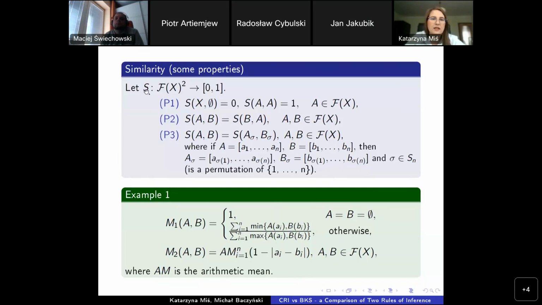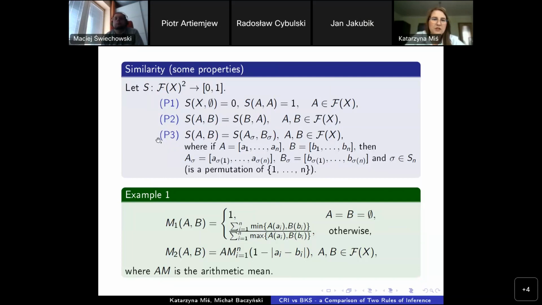So a function S can be called a similarity if, for the whole universe and the empty set, the value is 0. If we compare a set to itself, the value is 1. Also, if we compare two sets, we have symmetry, so it doesn't matter what the order of comparing them is.